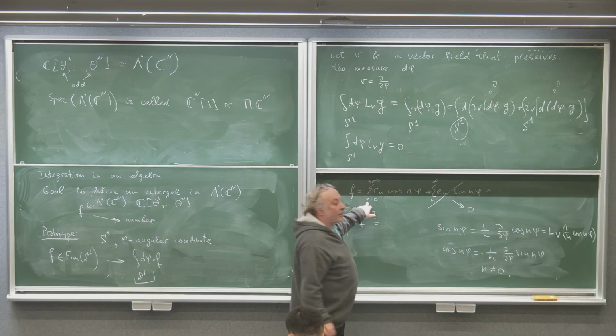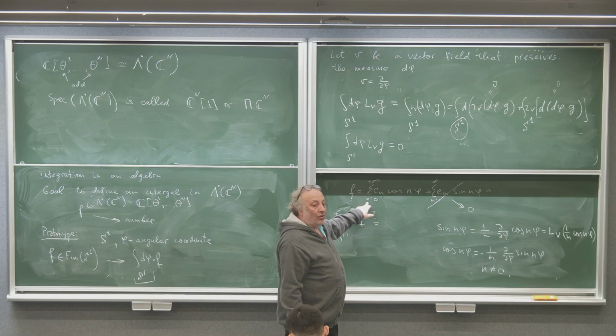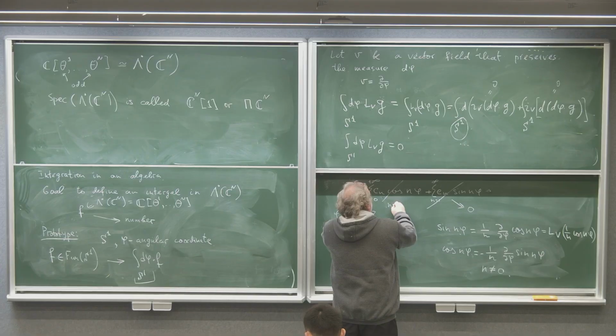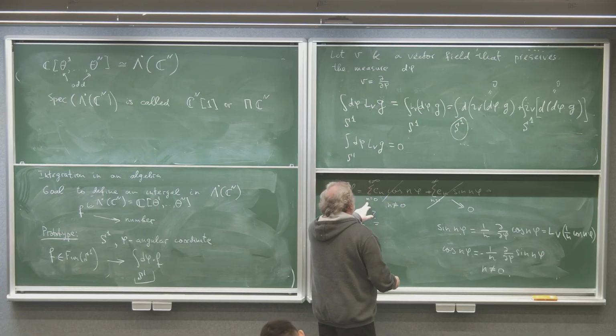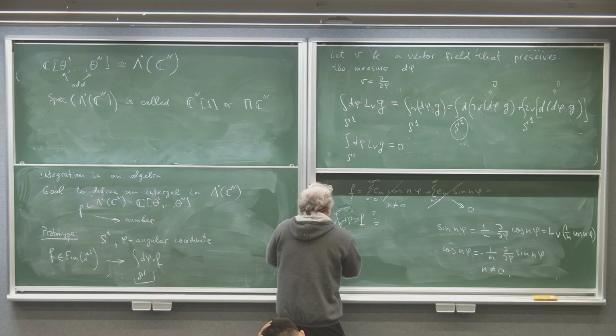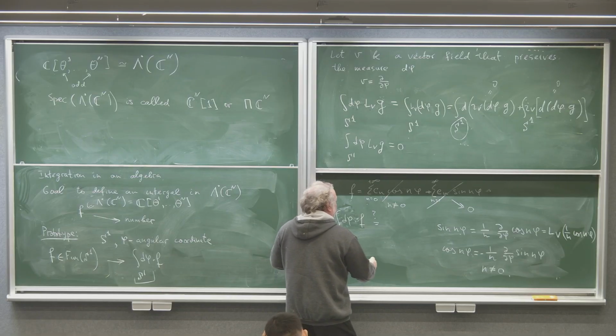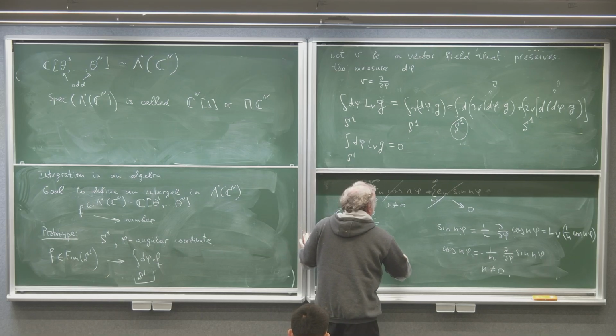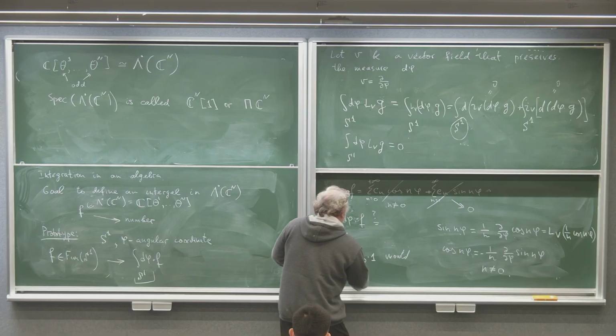It means that all terms with n not equal to 0 would go away. So only psi naught times the constant term would survive.